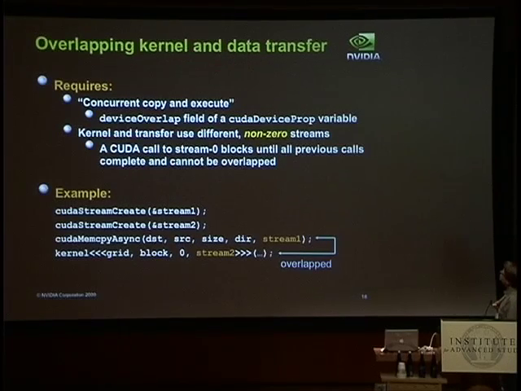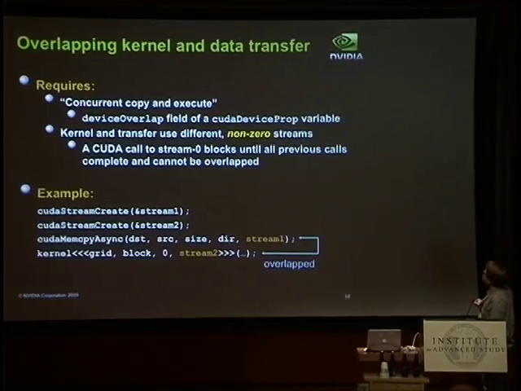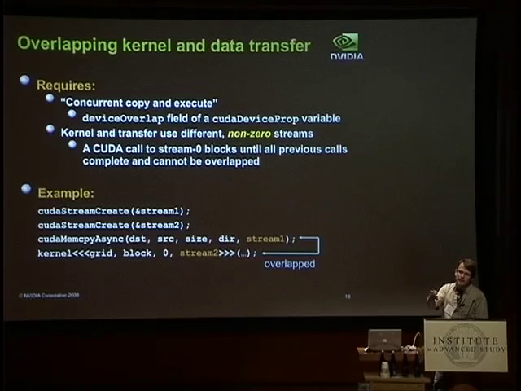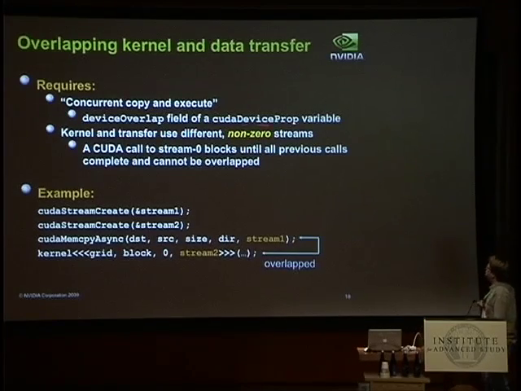More interesting is to use non-zero streams. So the idea is, if your computer is up to date, there's something called CUDA device properties, which is a function you can call on your laptop to find out what properties are available in the GPU that you have. Or more generically, you can write your code so that it queries, if you've got a GPU available, what properties it has.